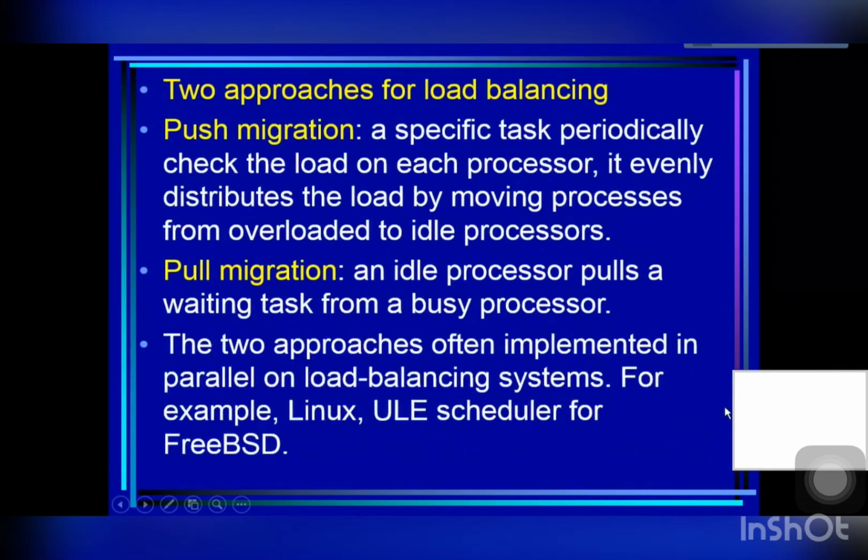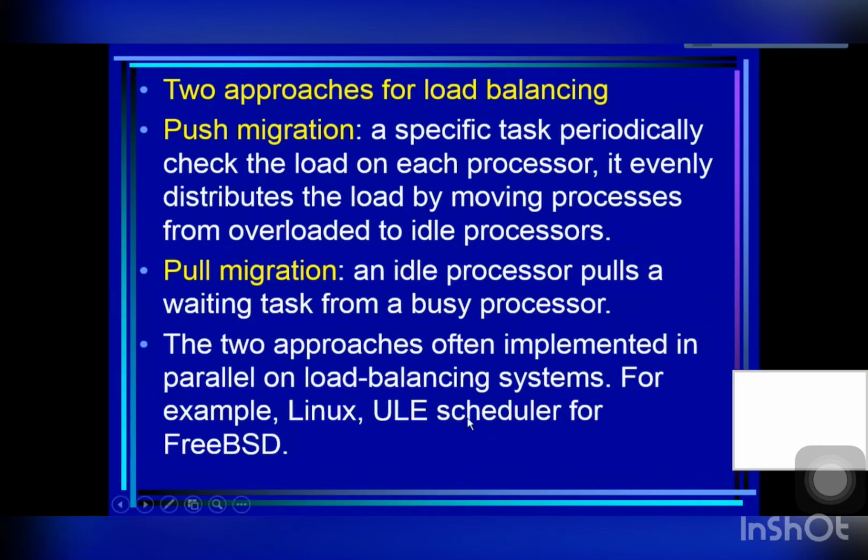There are two general approaches to load balancing: push migration and pull migration. With push migration, a specific task periodically checks the load on each processor, and if it finds an imbalance, evenly distributes the load by moving processes from overloaded to idle or less busy processors. Pull migration occurs when an idle processor pulls a waiting task from a busy processor.